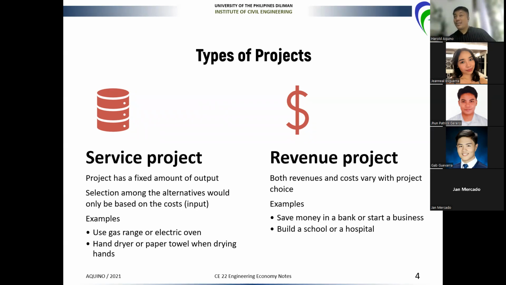No, so the output would just be more or less the same. The ability to bake cakes for, let's say, your business, pero the input would probably be quite different. The inputs could be how much the actual equipment would cost in gas range or electric oven. How much would it cost to operate it? Diba? So yun yung mga difference in the inputs.